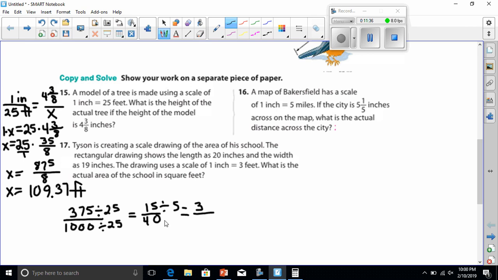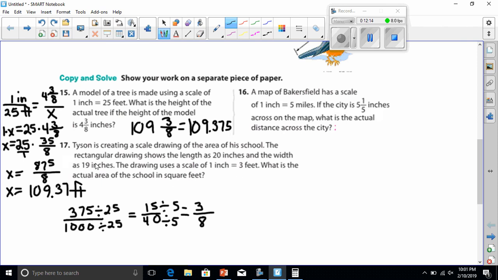And if I divide 40 by 5, that's going to give me 8. So that's 3/8. So in actuality, if I was going to put it in fraction form, this would be 109 and then 3/8. That would be my exact number. Or if I wanted to put decimal, you could also say that, of course, that was 109.375. And I'll accept either answer.